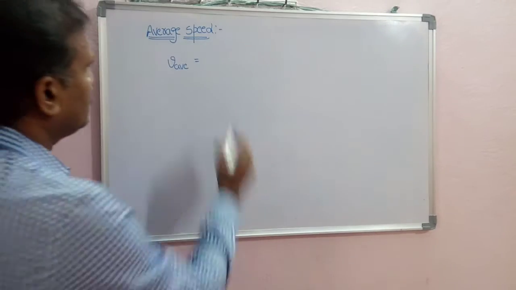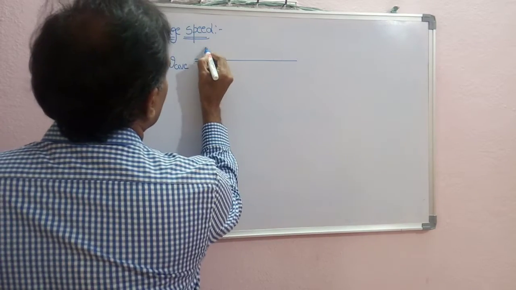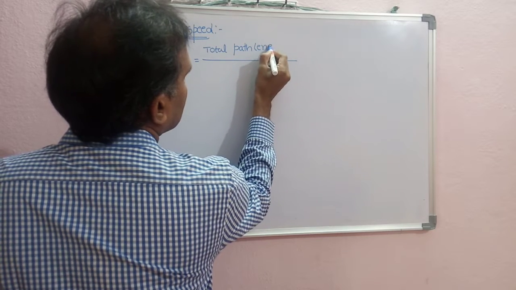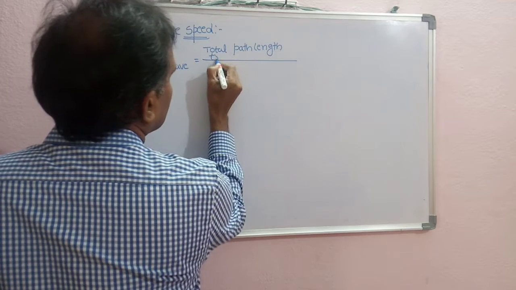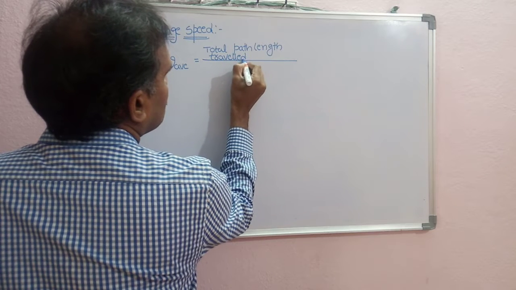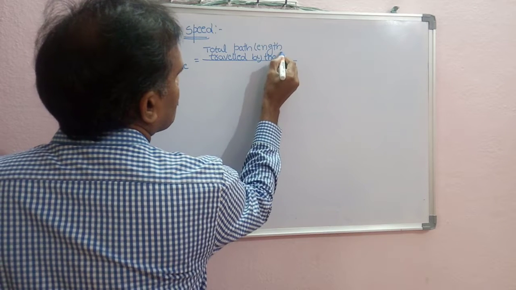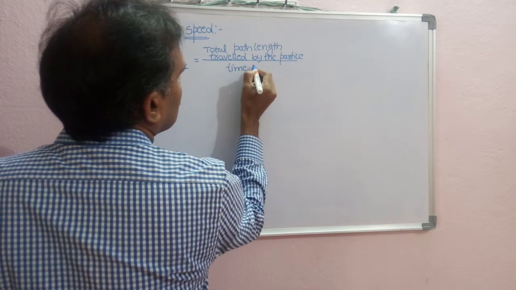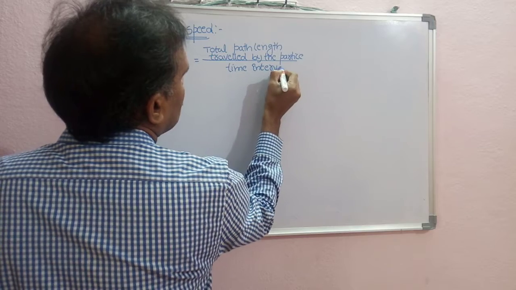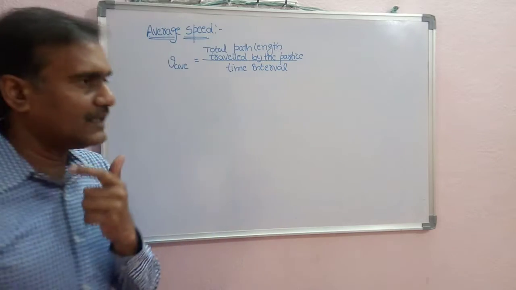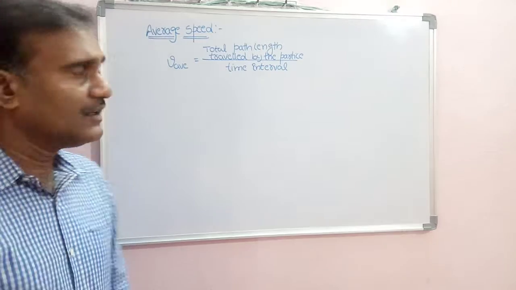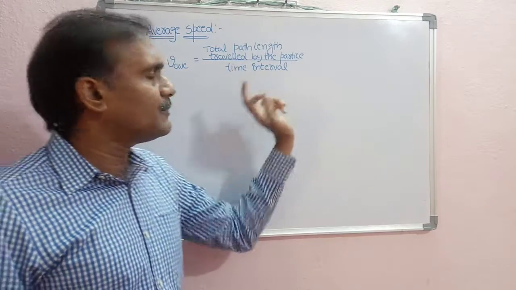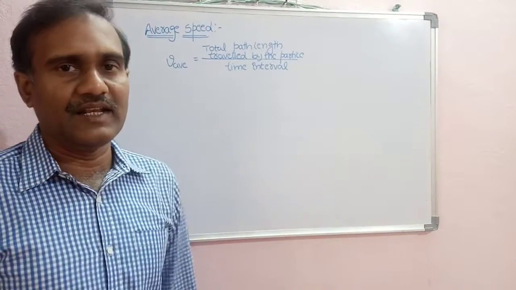V average is equal to total path length traveled by the particle divided by time interval. That is, average speed is the ratio of the total path length traveled by the particle to its time interval.